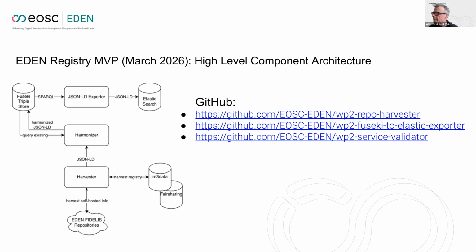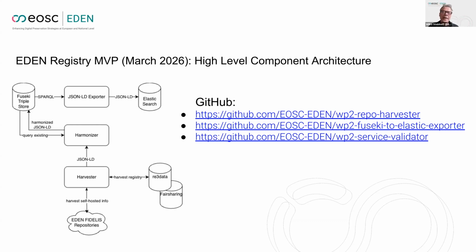a harvester that collects repository attributes or properties from different sources. Then it is submitted to the harmonizer, which makes sure it fits into the model and there are no duplications. Then the harmonizer stores it in our backend, which is a triple store.